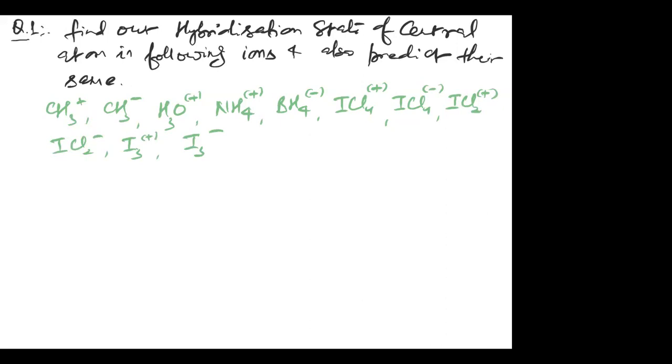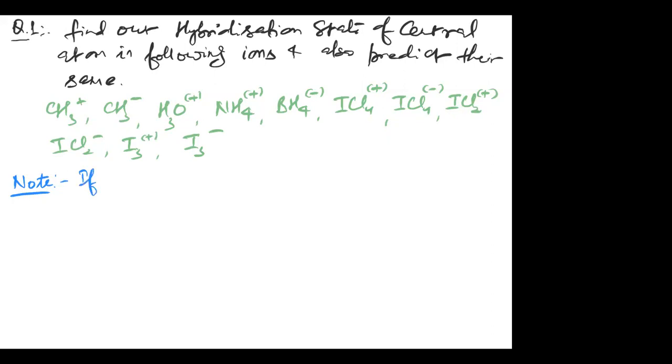So the first hint, the first note related to this is: in all these ions, the surrounding atom is hydrogen or, let's say, halogen.